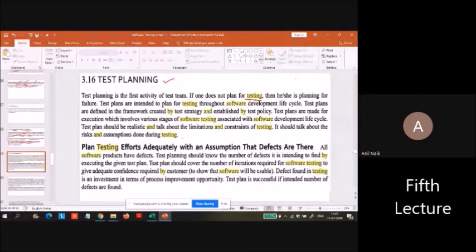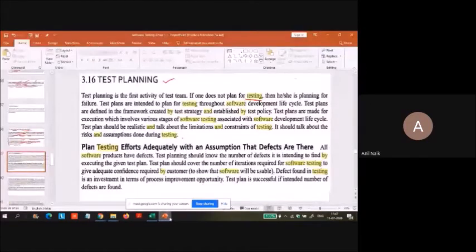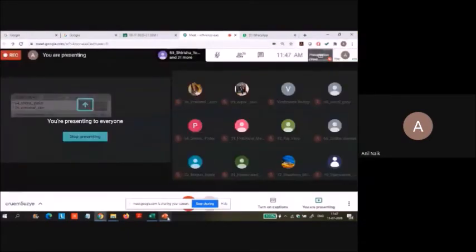Test plans are intended to plan for testing throughout the software development lifecycle. Test plans are defined in the framework created by the test strategy, and established by the test policy as per the organization policy. In that particular framework, we do the testing.